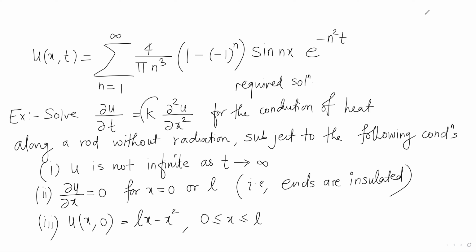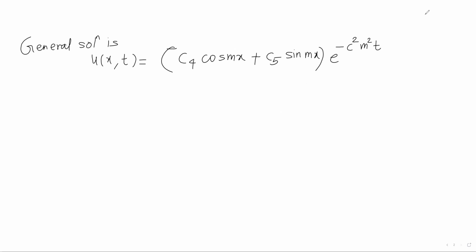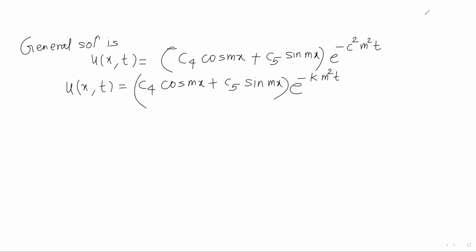It is given as k. So we use this value in place of c square, and u of x,t becomes c4 cos mx plus c5 sin mx into e raised to minus k m square t.